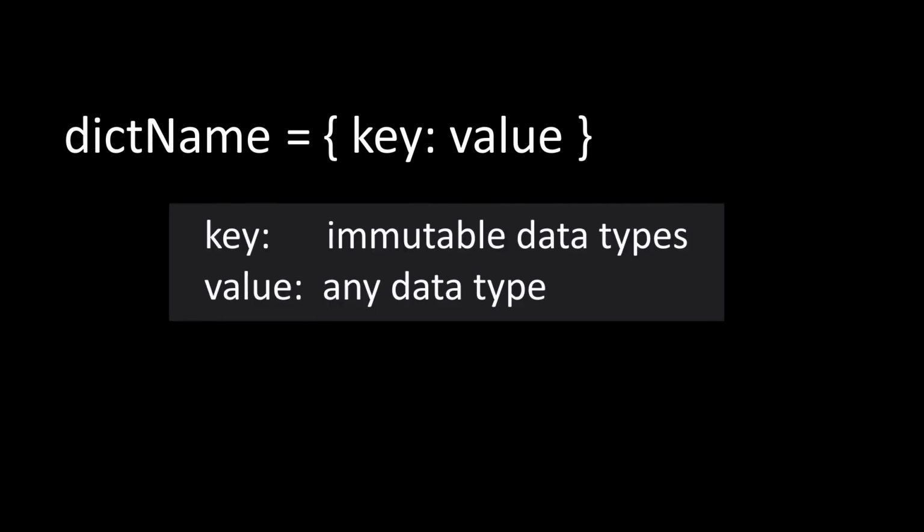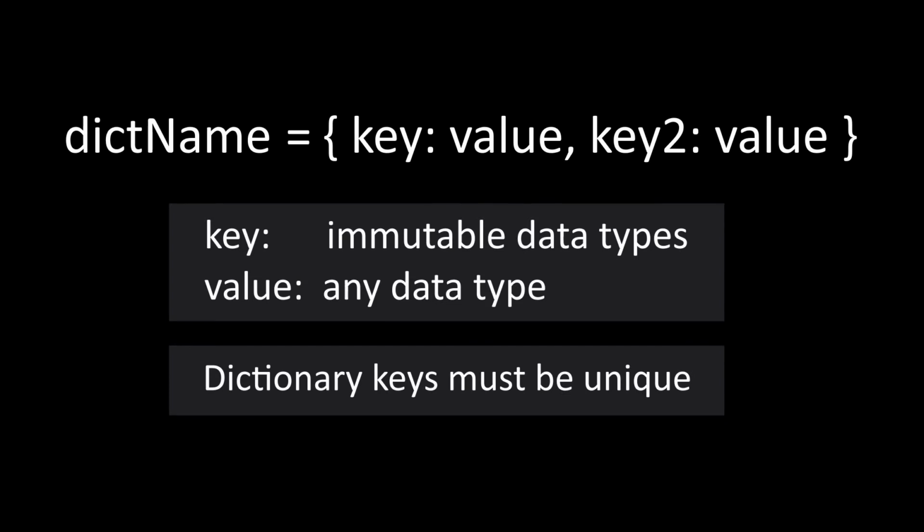The keys must be immutable data types, such as strings, integers, floats, and tuples. The values can be objects of any data type. Elements are separated by commas. And what is very important, the keys must be unique. Let's jump to Python, create the menu example, and learn how to deal with dictionaries.